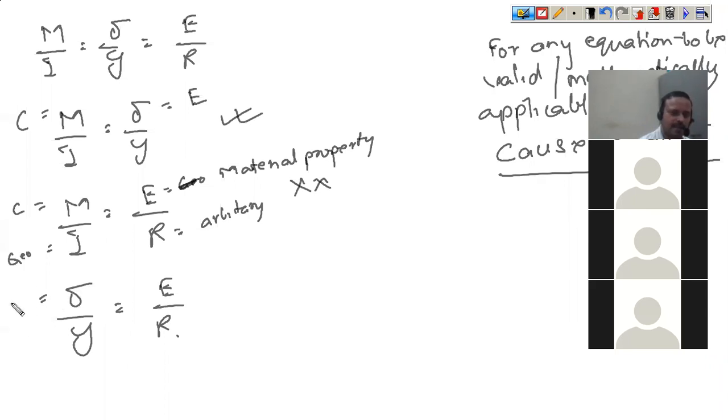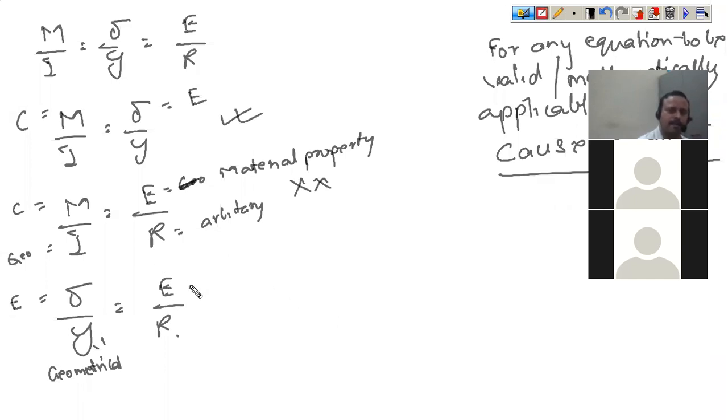In both the cases, this remains the effect only, and this is again a geometrical parameter, because the distance of the extreme fiber from the neutral axis is some value which depends upon the geometry of the body.